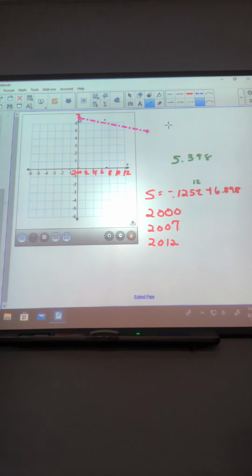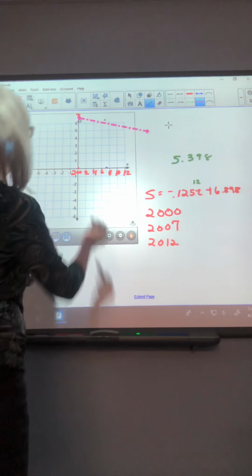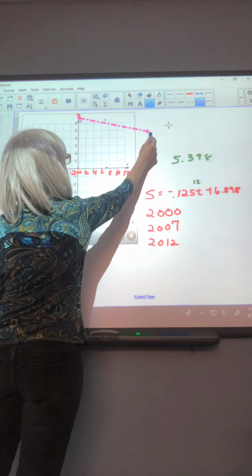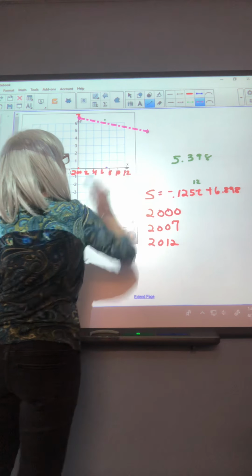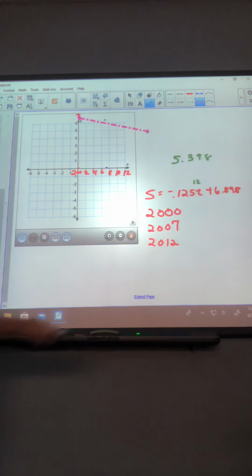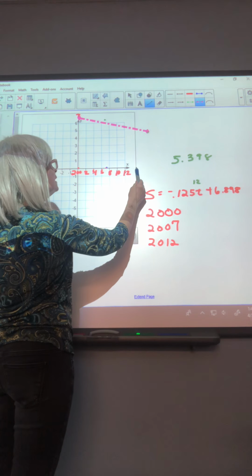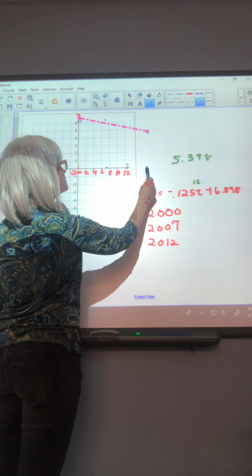Okay, and then C says, at this rate of decline, in what year will the number of sheep and lambs be 4.89 million? So 4.89 is about here. So it's kind of where the tip of that point is. And so maybe you could see, okay, this is 2014, 2016.